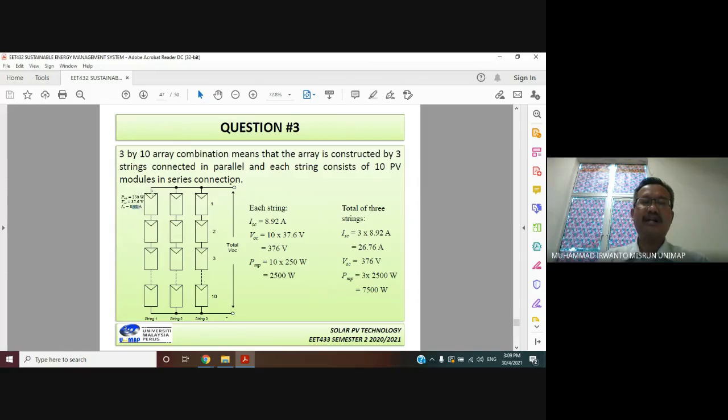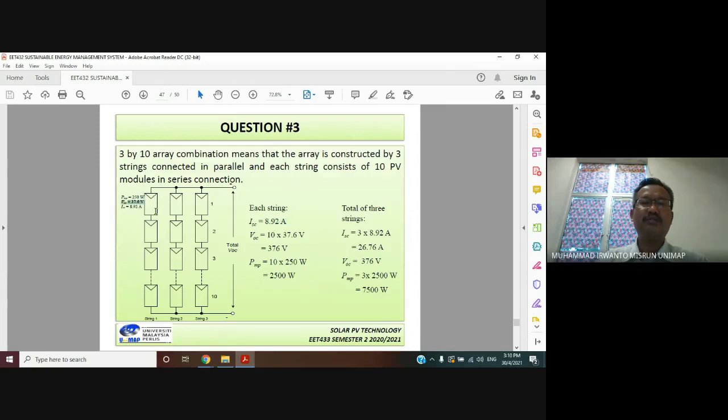Now, if we analyze its string, the short circuit current remains 8.92 amperes, and the open circuit voltage is added.